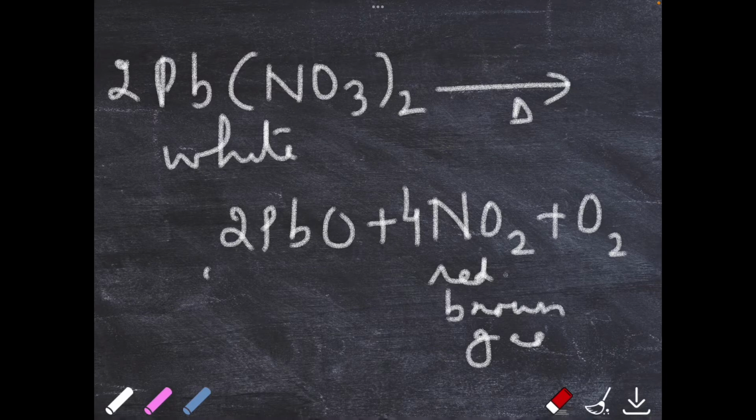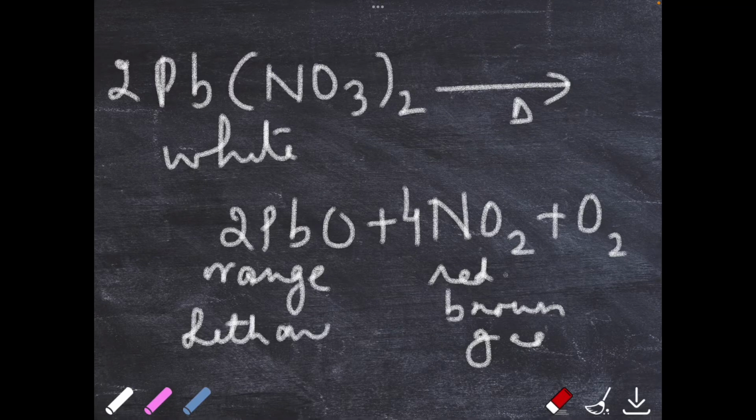PbO is litharge. The characteristic of litharge is that it fuses to the test tube. So if you have to take out litharge from the test tube, you'll have to literally break the test tube. So this is decomposition of lead nitrate. And oxygen, you know, is a colorless gas.